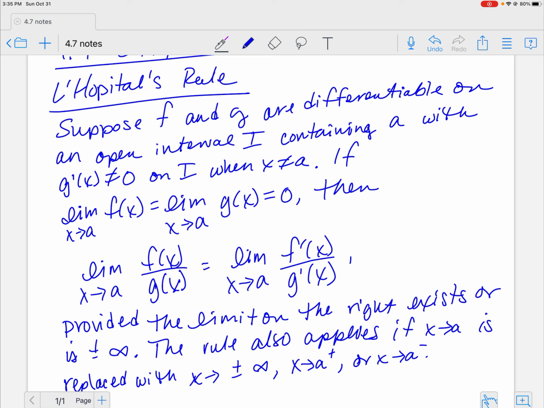I'm just going to move right into talking about it. Here's the deal. Suppose I have two functions, and they are differentiable on this open interval I containing this value a, with g prime of x not equal to 0 where x cannot equal a. I'm taking the limit as I approach a, and both f of x and g of x equal 0.